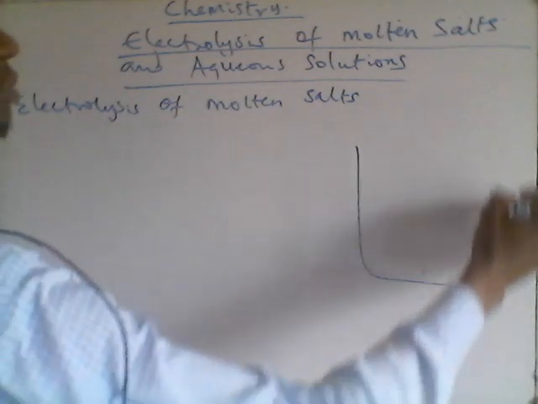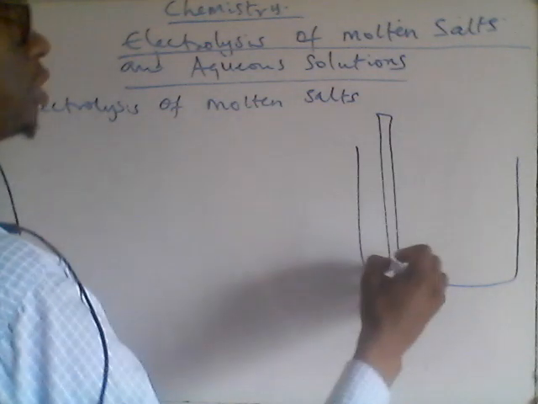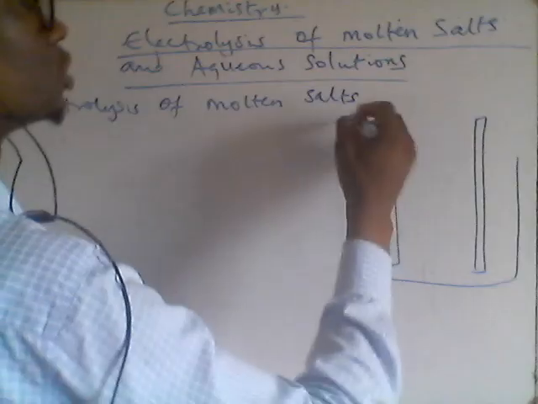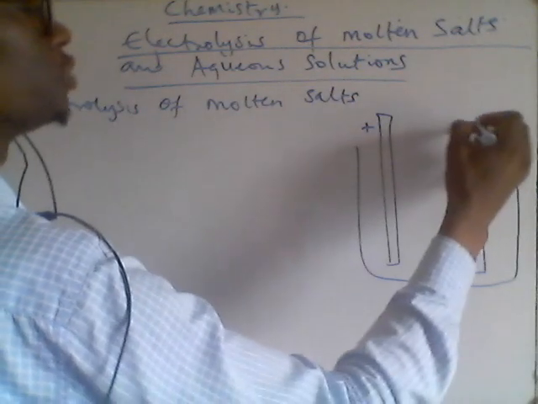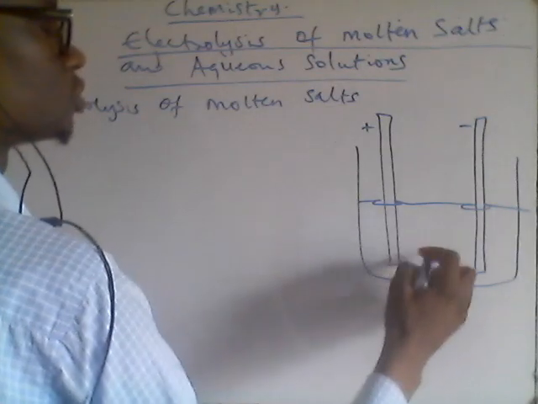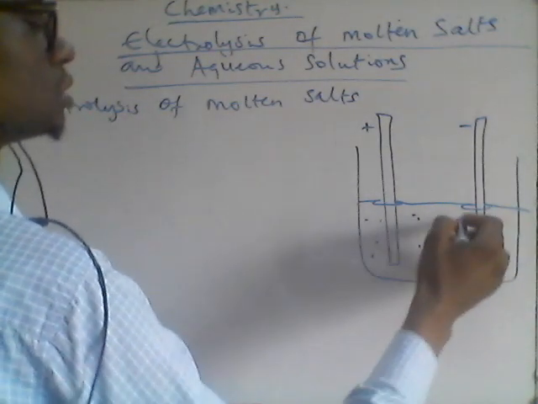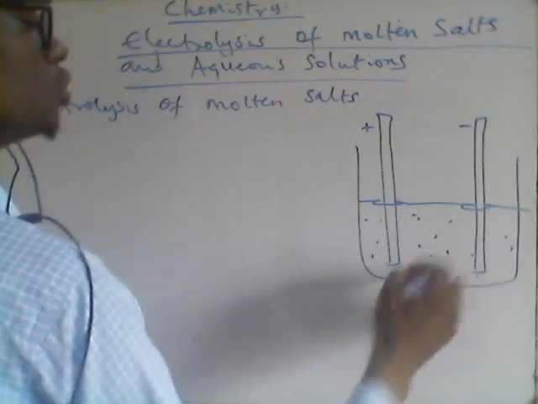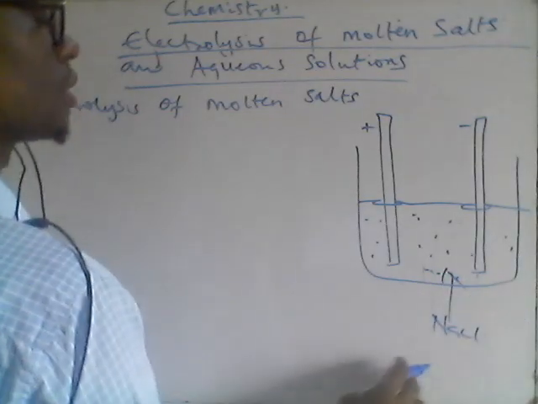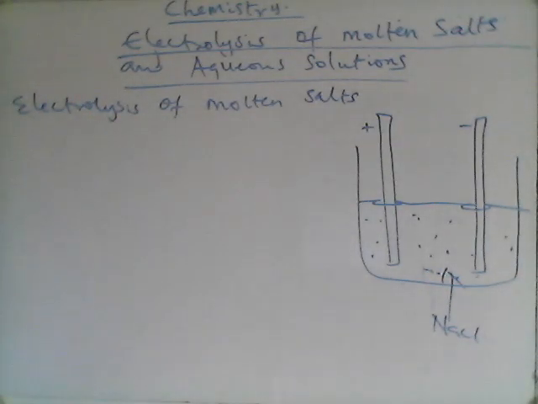This is the cell. Remember, this is the cell. This is the anode, positive, and the cathode, negative. Then inside here, I have salt, sodium chloride. Now, when we pass electricity through this, understand?